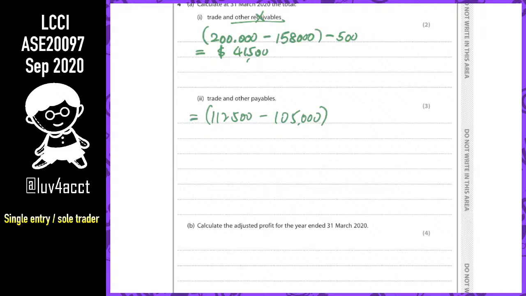For other payables, we have interest accrual on the loan and also interest accrual on the overdraft. So 112,500 minus 105,000, trade payables being 7,500, and other payables 250, 801, 1,051. That means we have 8,551.